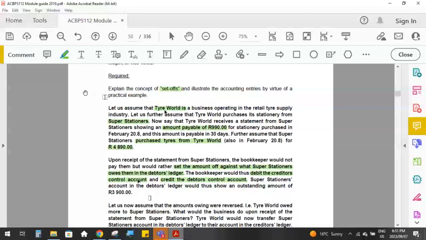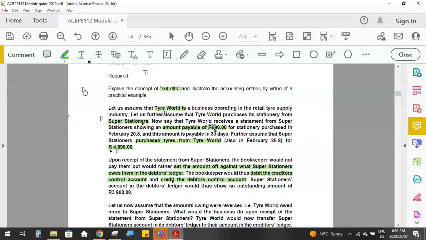Okay, so Tire World owes Super Stationers 990 Rand. So this 990 Rand will be sitting as a credit in our creditors control account, so we want to debit that 990. So we basically are then removing that 990 from the creditors control total, and we are transferring it to the debtors control. We are crediting the debtors control account.